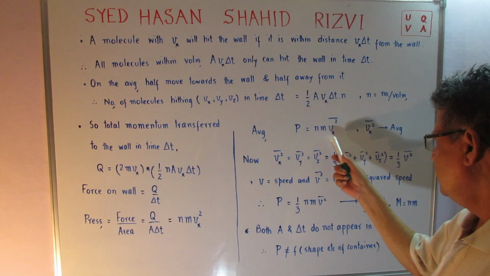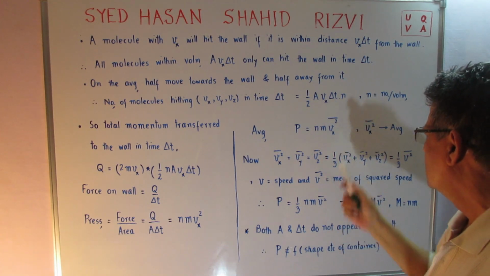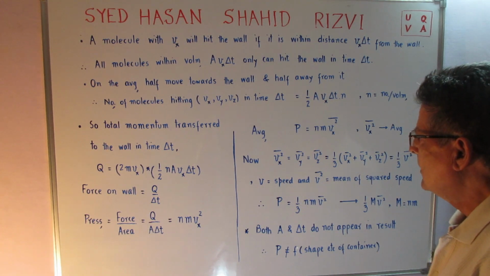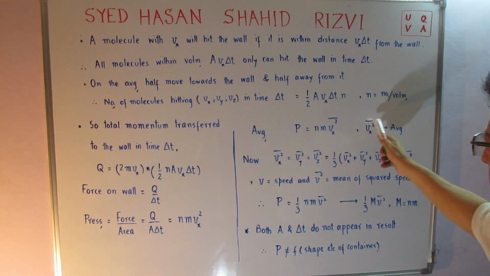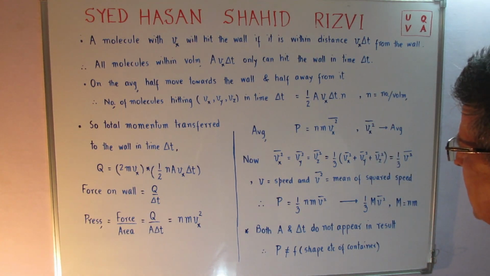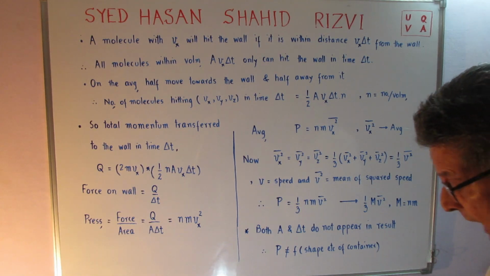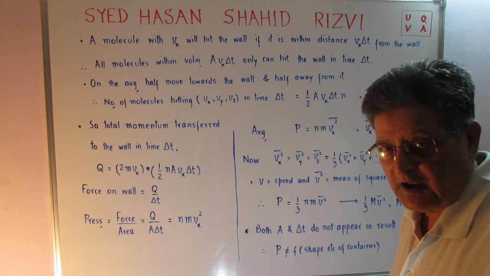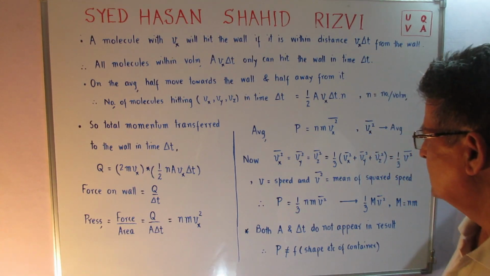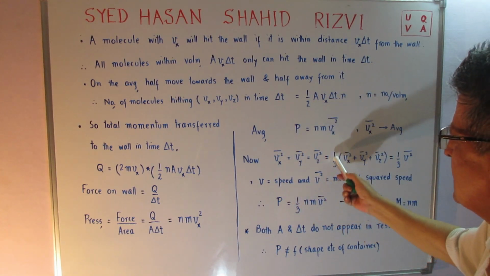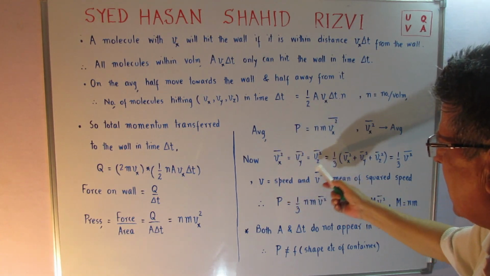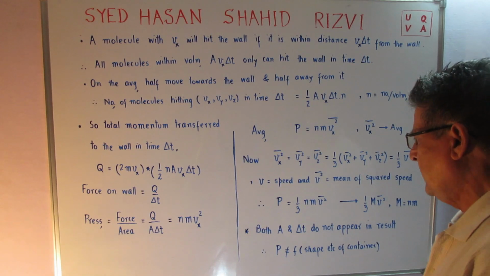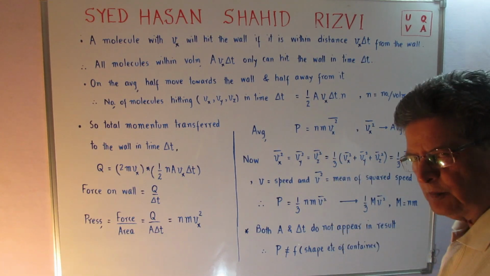So the arithmetic mean here, the average value, the mean value of Vx square, and we are putting a bar over there for that. Now, like Vx, we have Vy, like Vy, we have Vz, and rightly we can take their mean values of the squared velocities to be equal to each other.